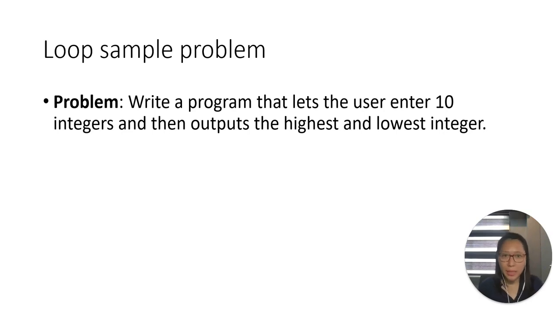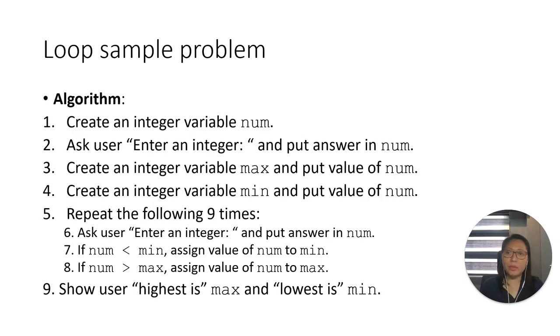Let's take a look at an example. Let's say we have this problem: write a program that lets the user enter 10 integers and then outputs the highest and lowest integer. So the algorithm is here. Create an integer variable num, ask the user to enter an integer and put it in num. Create an integer variable max with an initial value of num.